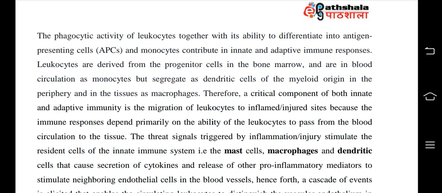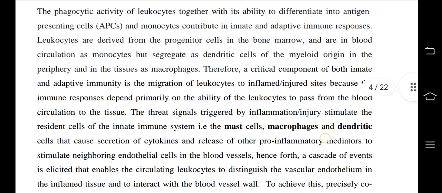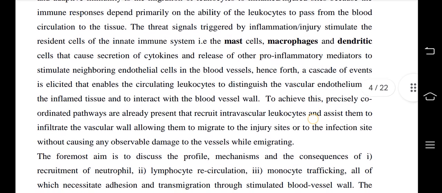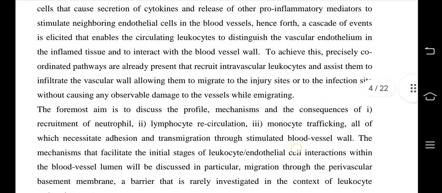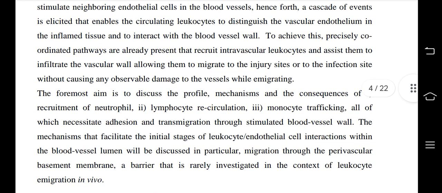The threat signals triggered by inflammation or injury stimulate the resident cells of the innate immune system, the mast cells, macrophages, and dendritic cells, which secrete cytokines and release other pro-inflammatory mediators to stimulate neighboring endothelial cells in the blood vessels. Henceforth, a cascade of events is elicited that enables the circulating leukocytes to distinguish the vascular endothelium in the inflamed tissue and to interact with the blood vessel wall.